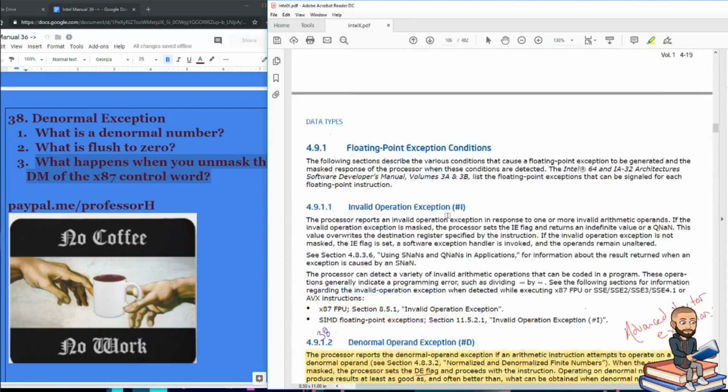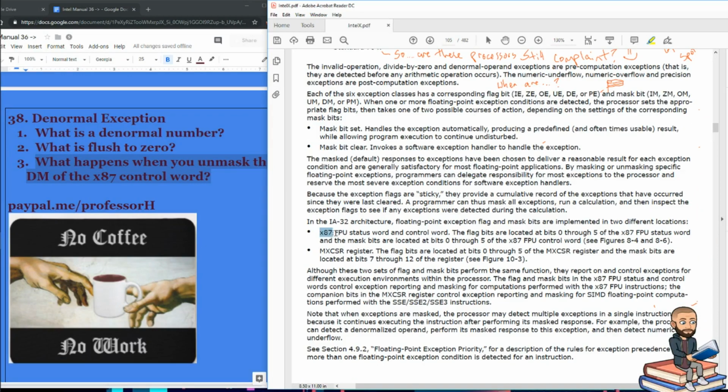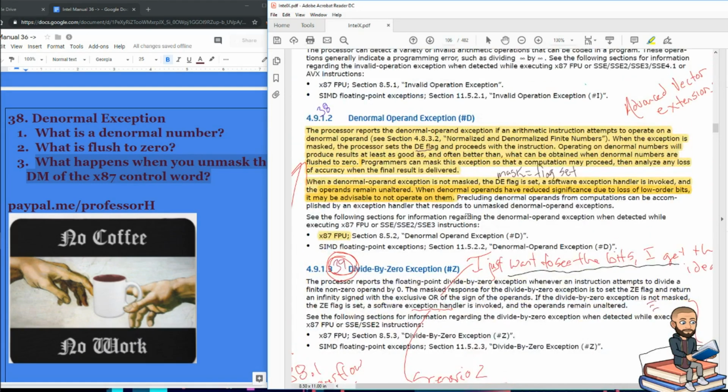And remember, DM should just stand for denormal mask. So here on page 105, this is the part where it talks about the control word holding the mask bits. And right here is the name of all those masking bits that correspond with, obviously, these flags. So that's page 105, just for your reference there.